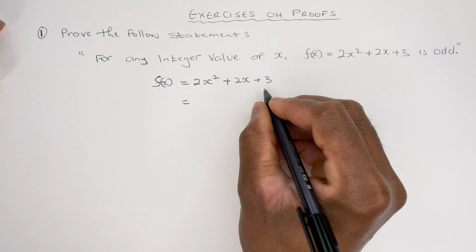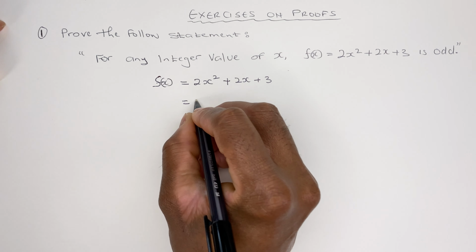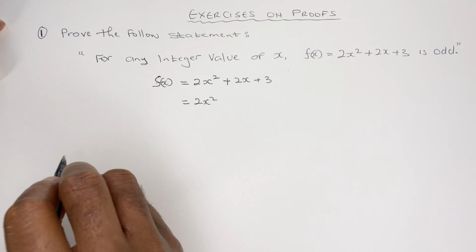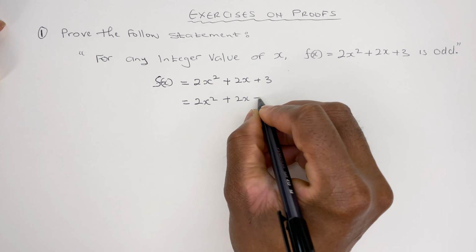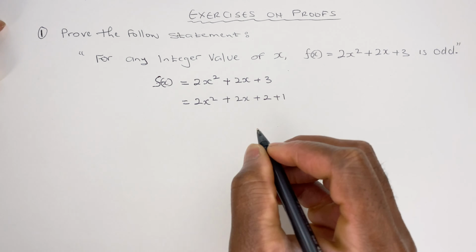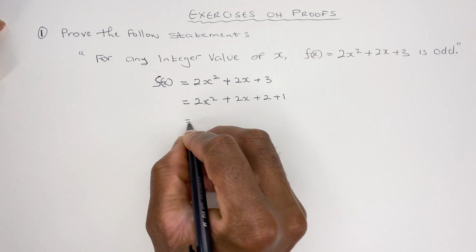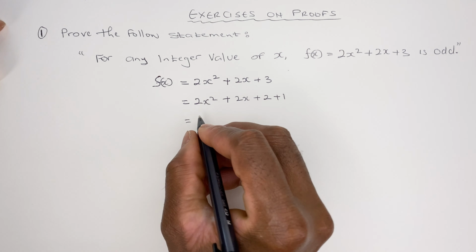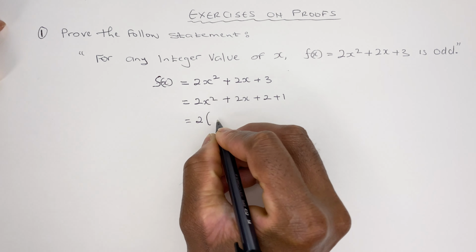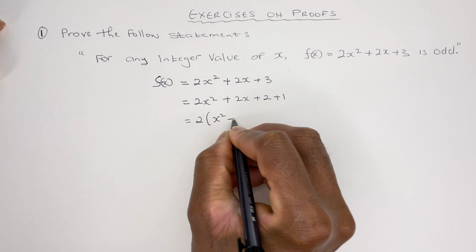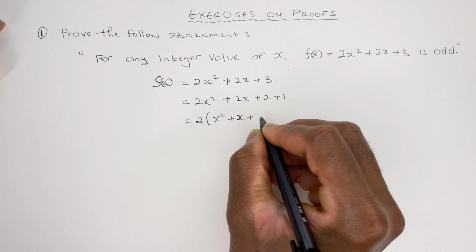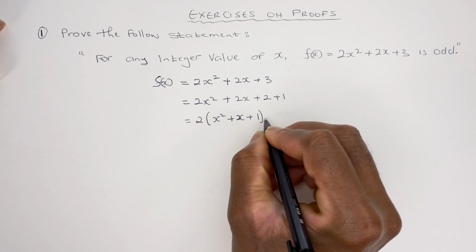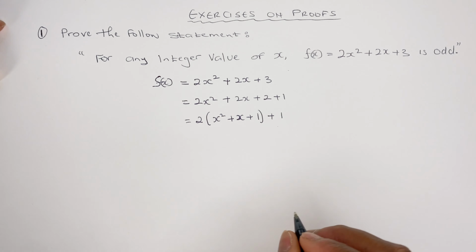I'm going to split that 3 into 2 plus 1, so 2x squared plus 2x plus 2 plus 1. Now that gave me the opportunity to take out 2 as a common factor here. So I get 2 times x squared plus x plus 1, plus 1.